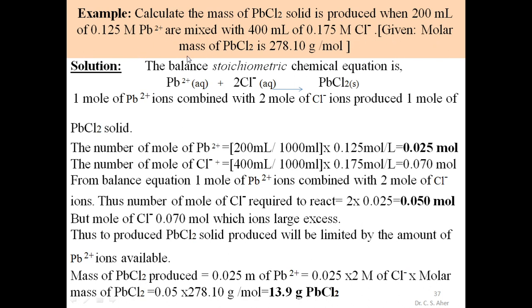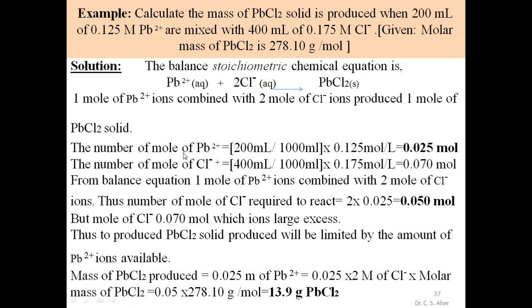What is given? The molar mass of lead chloride is given. So the balanced stoichiometric chemical equation is lead ion combined with chloride ion to form lead chloride. So 1 mole of lead combines with 2 moles of chloride ion to form 1 mole of product, that is solid PbCl2.